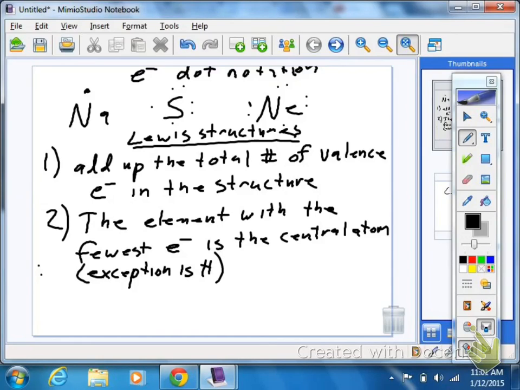Okay? So, go ahead and do that with the example that I just gave you. The one that is central has the fewest number of electrons. Write that symbol in the middle and then surround it by the other symbols.